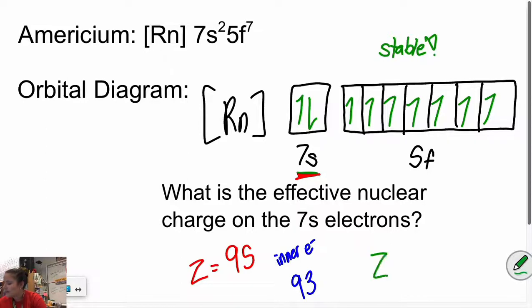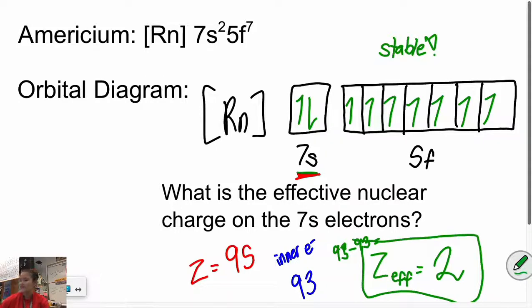Therefore, the effective nuclear charge on those 7s electrons in the americium atom is going to be 95 minus 93, or 2. Okay? Those 2 valence electrons only experience a +2 charge, pulling them in. Okay? So that's a little deeper into orbital diagrams and electron configurations. Okay, cool?